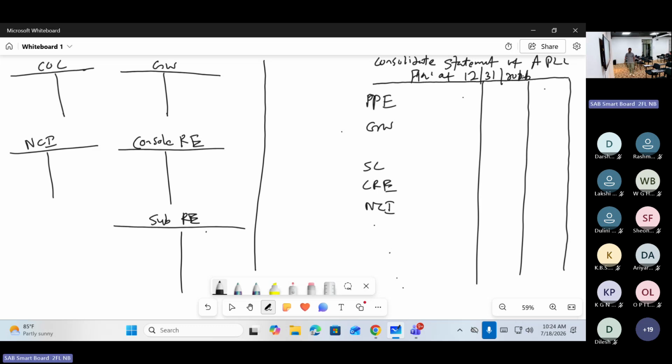These are the 5 accounts you are supposed to calculate: cost of control, NCI, goodwill, consolidated earnings and subsidiary retained earnings.